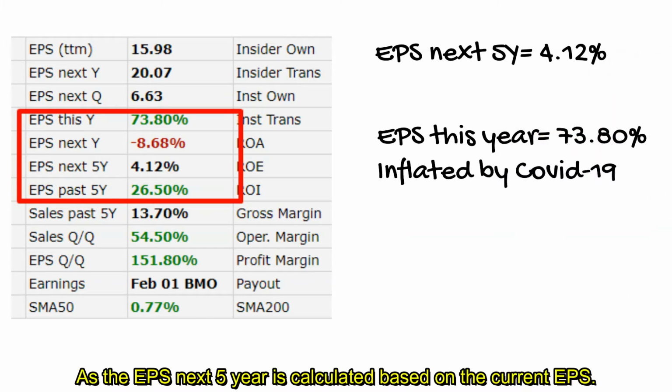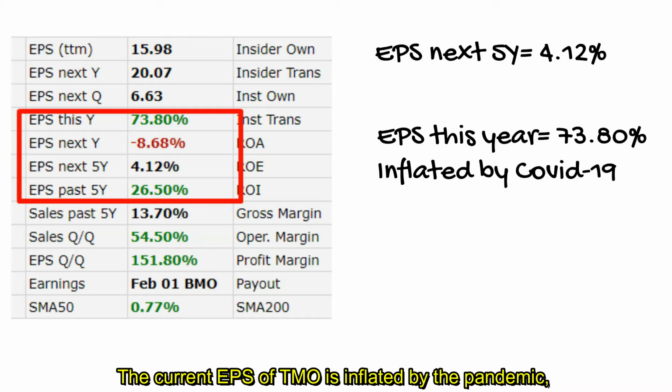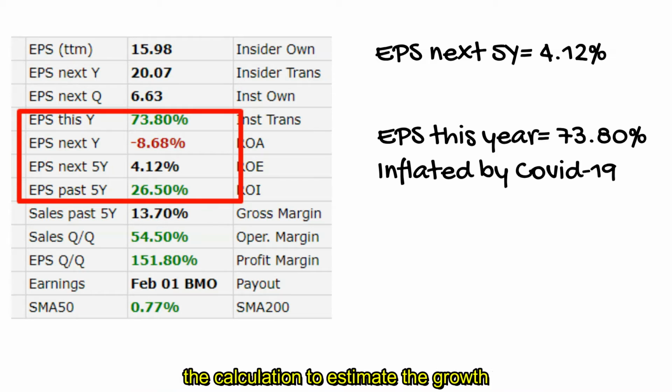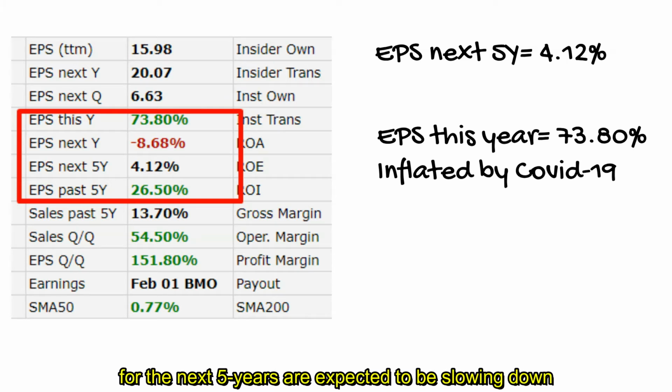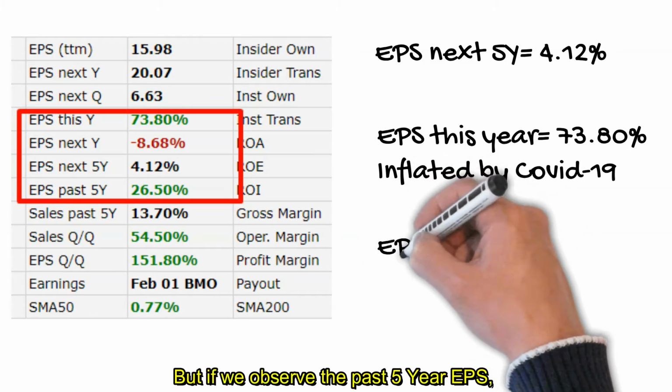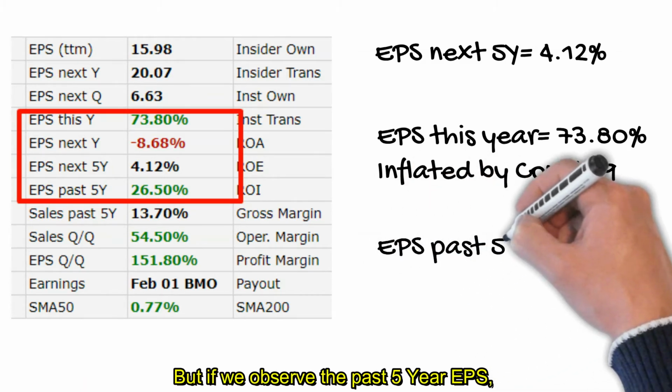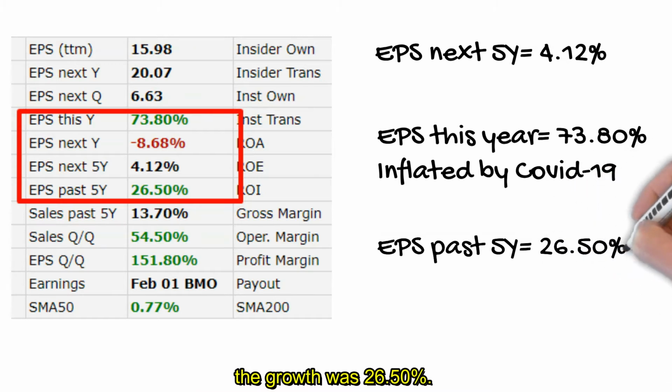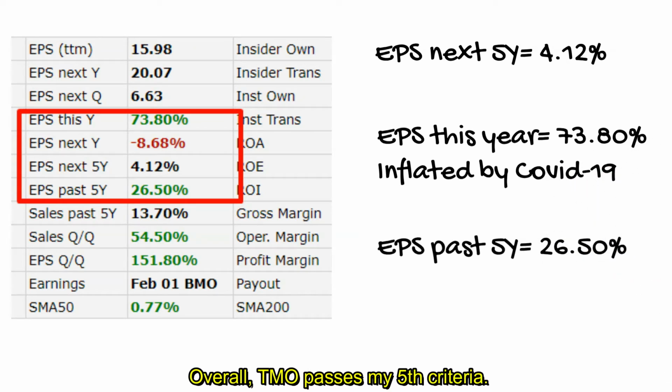As the EPS next 5 years is calculated based on the current EPS of TMO, which is inflated by the pandemic, the calculation estimates the growth for the next 5 years to be slowing down. In my opinion, this makes the next 5-year EPS not accurate in this case. But if we observe the past 5-year EPS, the growth was 26.5%. Overall, TMO passes my fifth criteria.